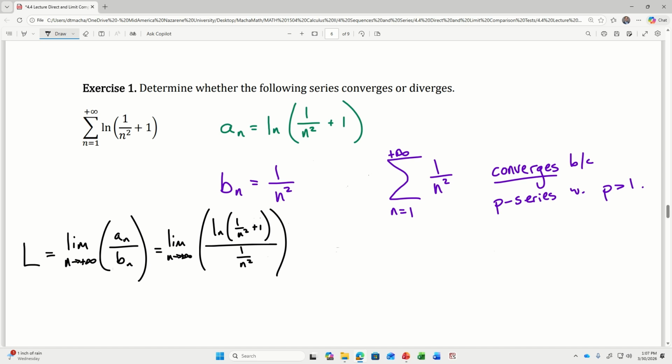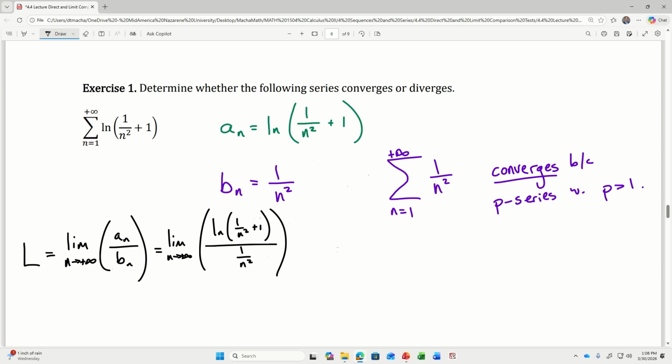What is this limit? Okay, in the limit, as n approaches infinity, 1 divided by n squared goes to 0. Natural log of 0 plus 1 is the natural log of 1, which is 0. So the numerator is 0.